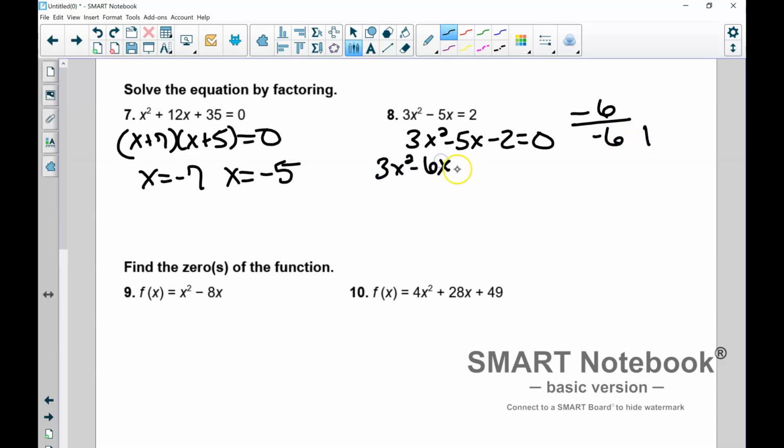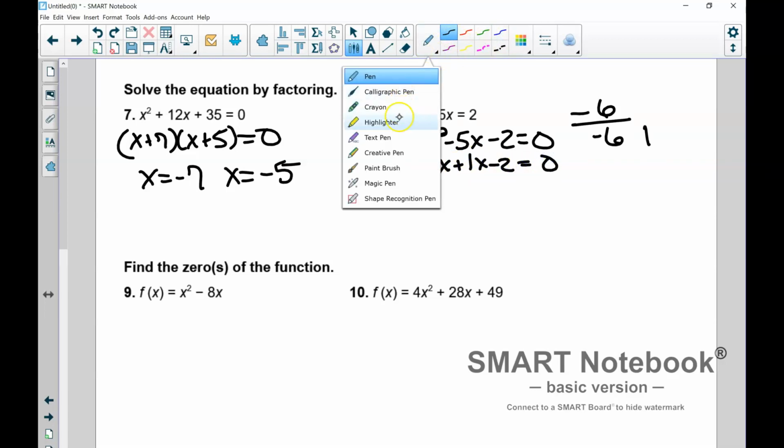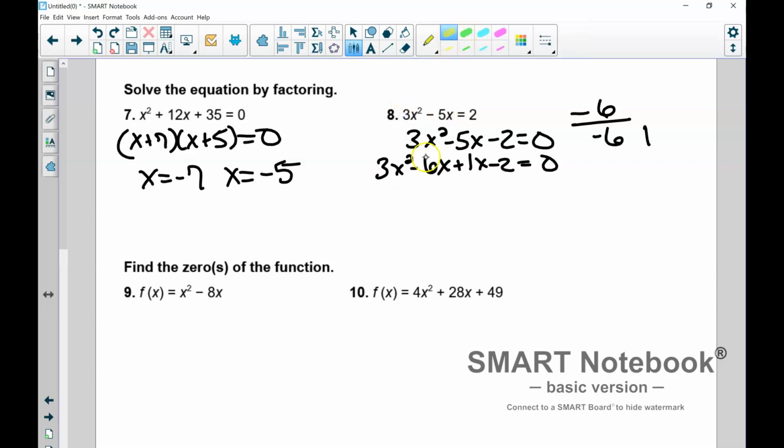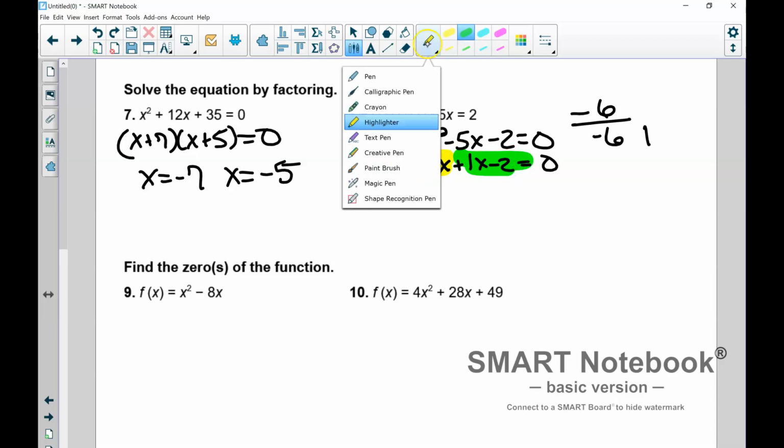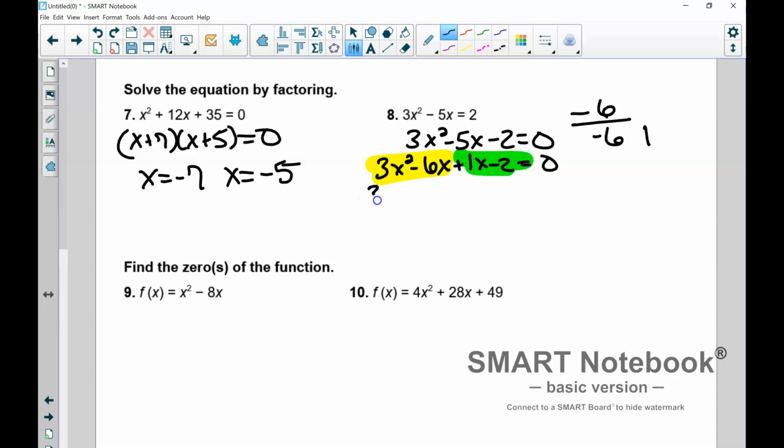So I have 3x squared minus 6x plus 1x minus 2. And that's where I'm going to go GCF that one, GCF that one. So 3x times x minus 2. Oh, I forgot the x.